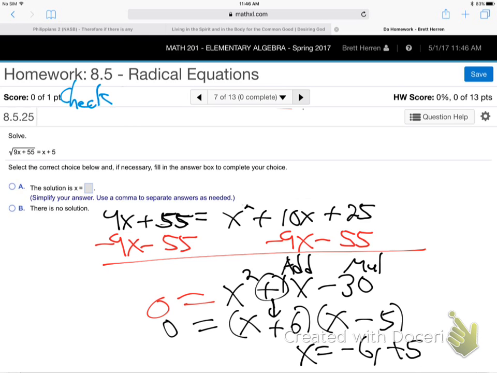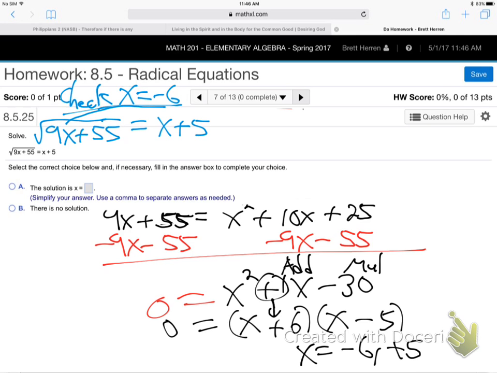First off, I'll check the first one. X is -6. So you write out the original equation, before anything was done to it, and you plug in -6. So it's the square root of 9 times -6 plus 55.